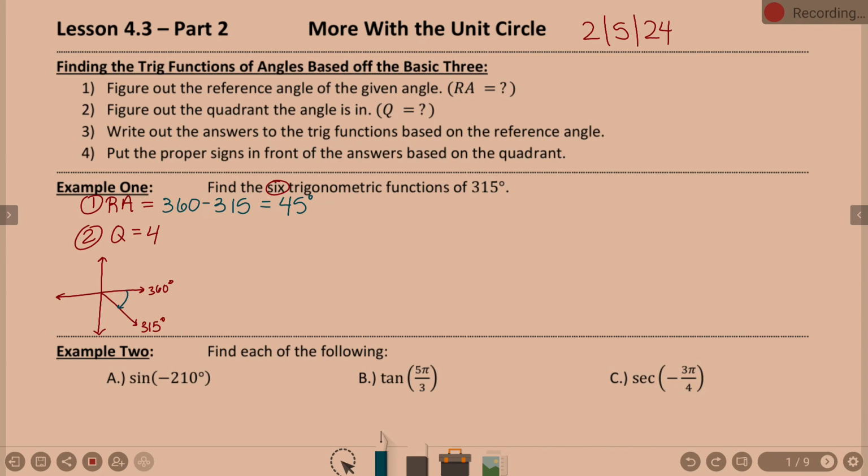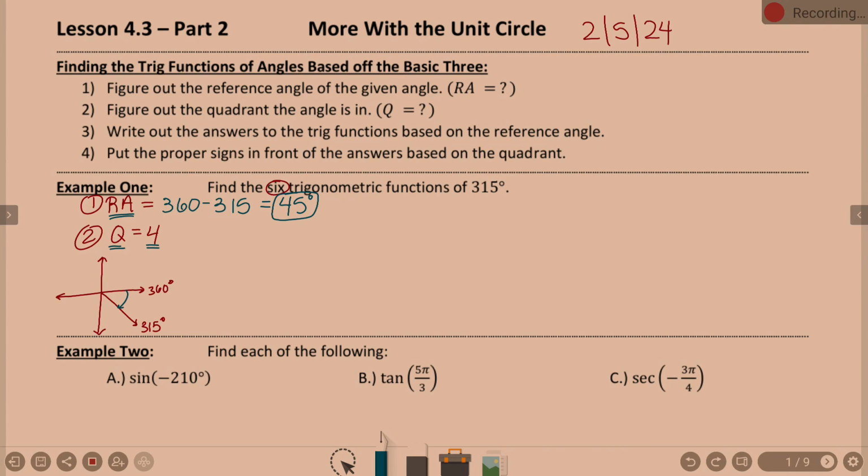We're not plugging in sine of 315, cosine of 315, and all of that. We're getting our exact answers. Okay, so we know that our reference angle is 45 degrees. We know that we are 45 degrees underneath the x-axis. We know quadrant-wise, as we are figuring that out, we are in quadrant 4.